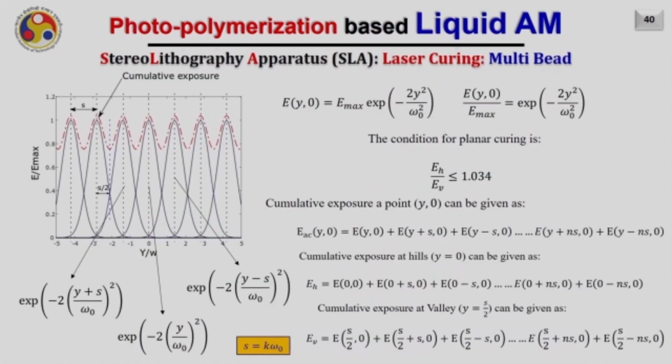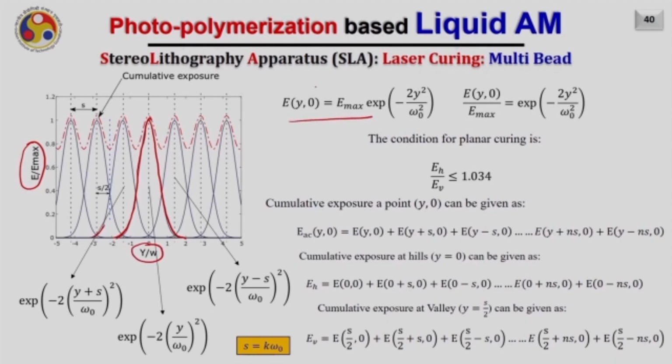Now let us observe that this is one pass. Assume that this is one pass of the laser, giving the maximum energy here. You can see Emax. I am drawing a curve between E by Emax and Y by W. This is my expression.